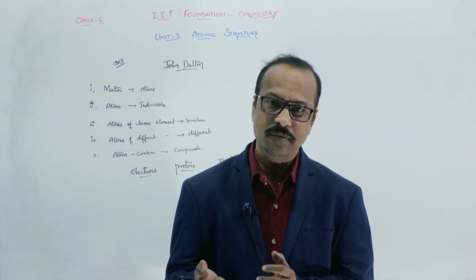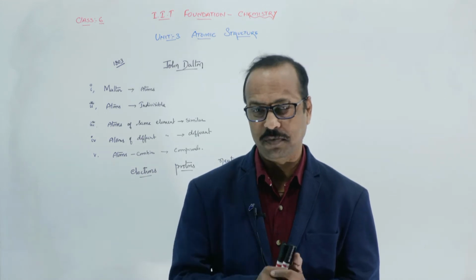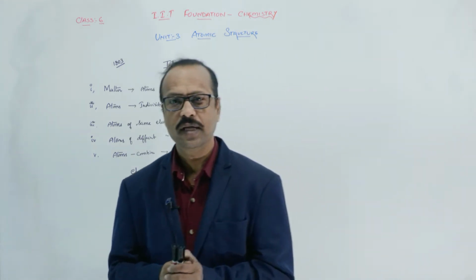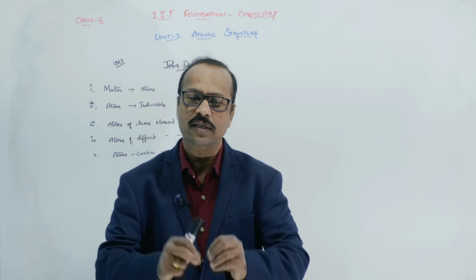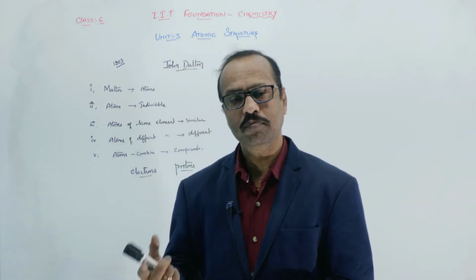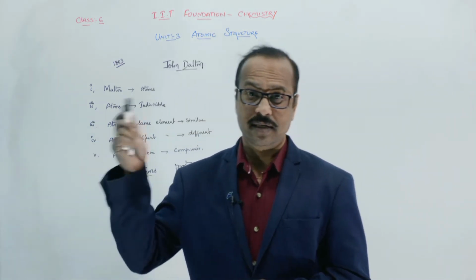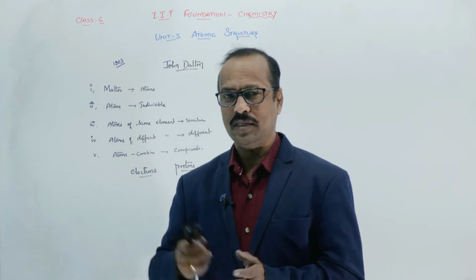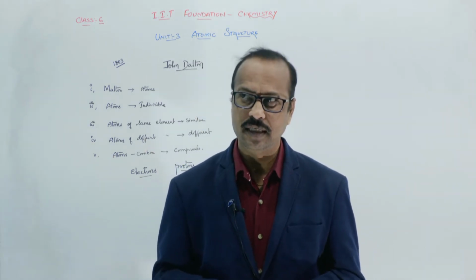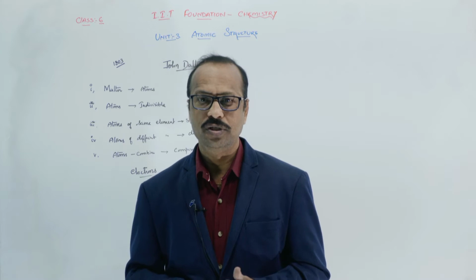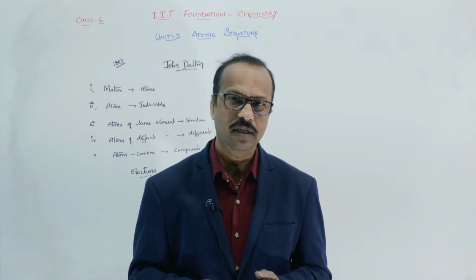Electrons are negatively charged particles. I think you know this one. Later, positively charged particles were discovered, which are named protons. And later, in 1932, James Chadwick discovered the neutrons.